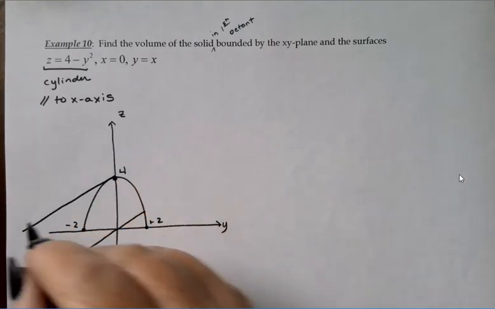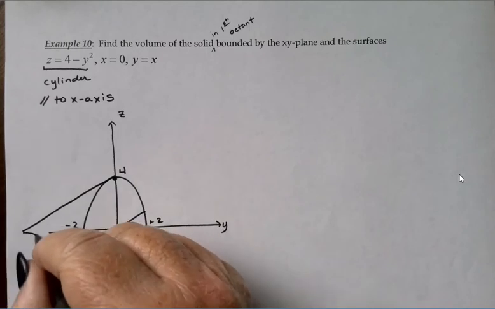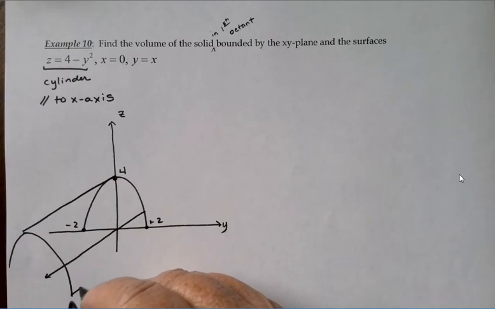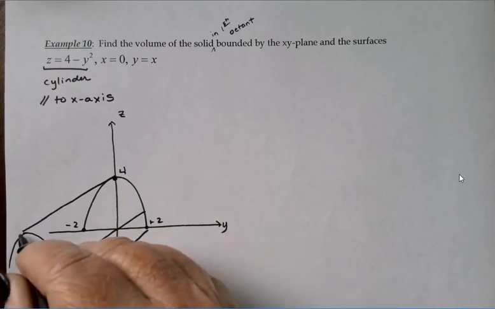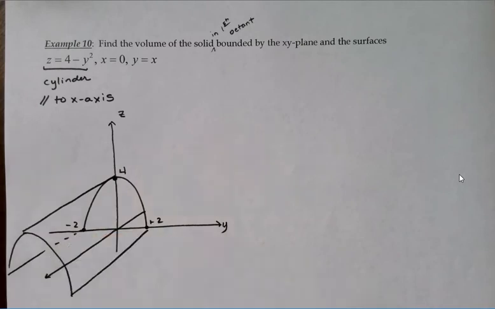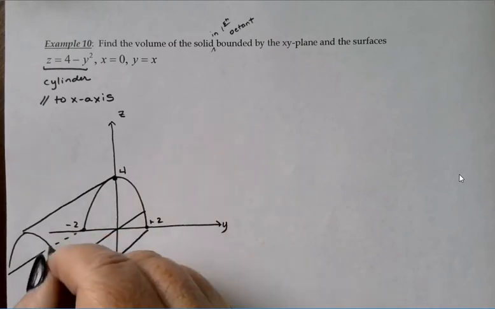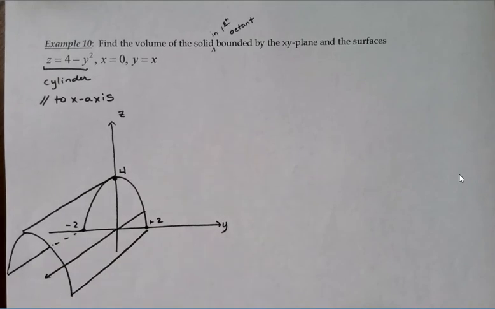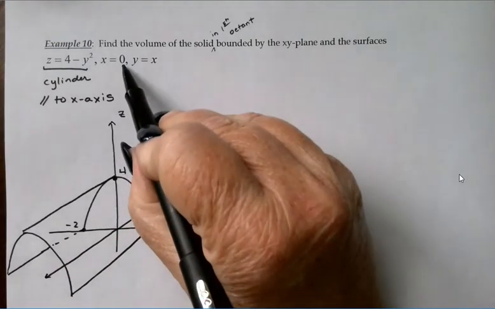The cylinder then would come out parallel to my x-axis, like so. All right, x equals 0.